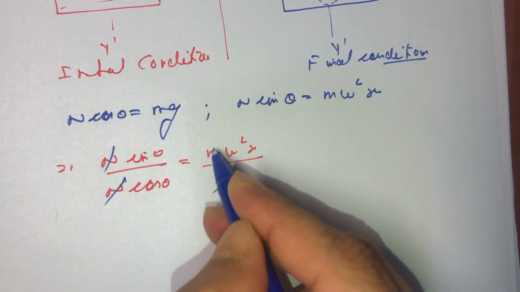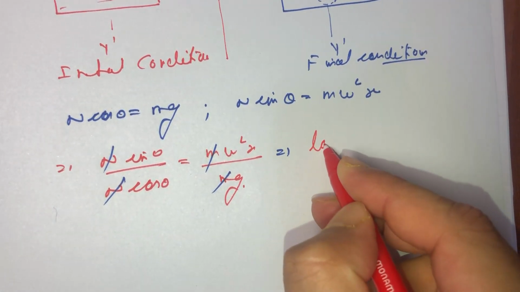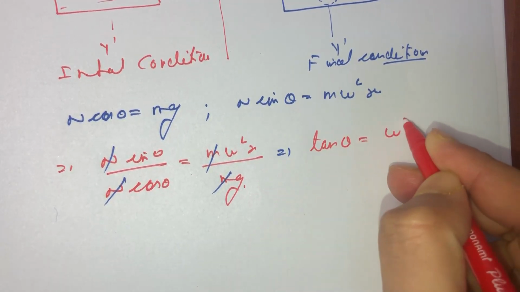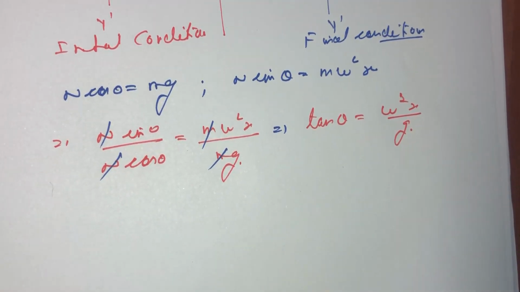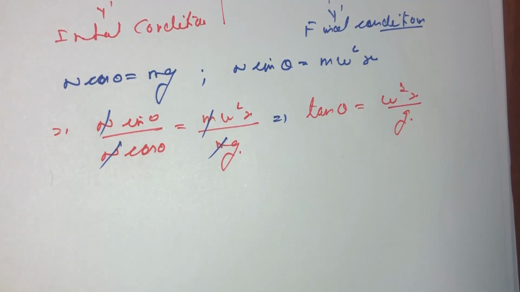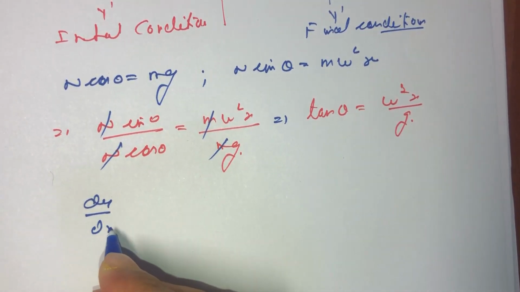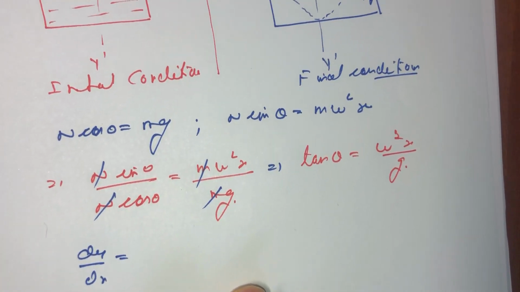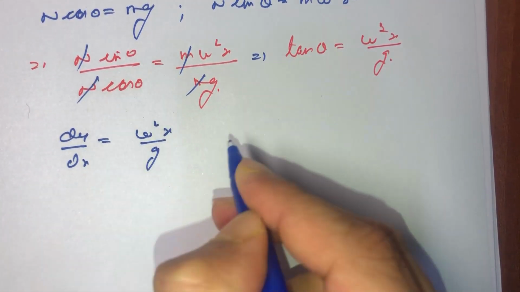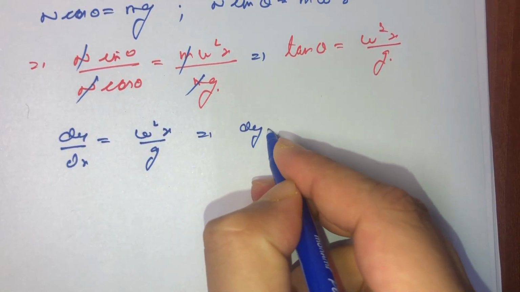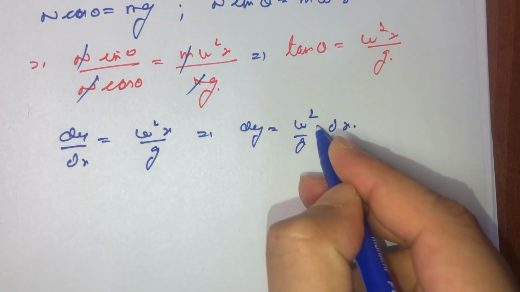N and N cancel out, m and m cancel out. So this gives us tan theta is equal to omega square x divided by g, which is nothing but the slope of the line, which can also be written as dy by dx is equal to omega square x by g, and this can be further written as dy equals omega square by g into x dx.